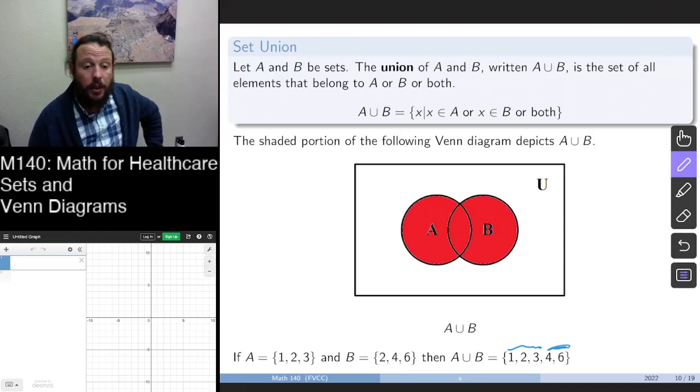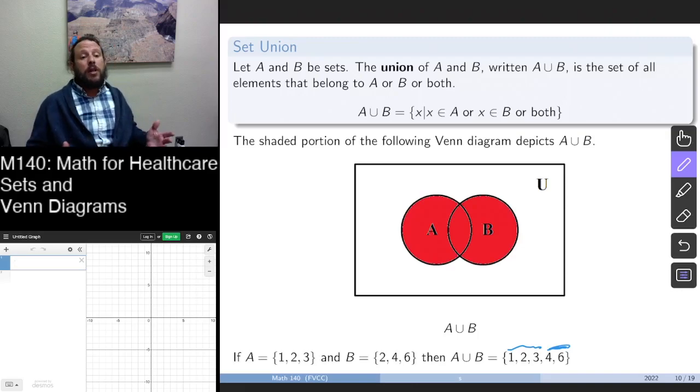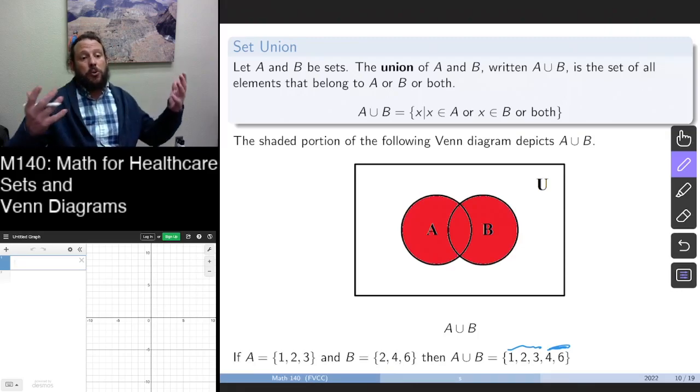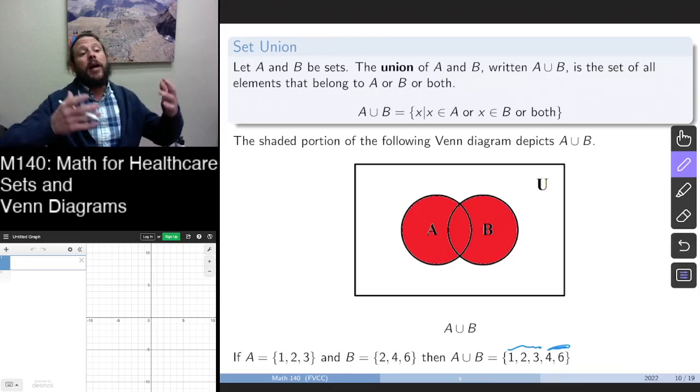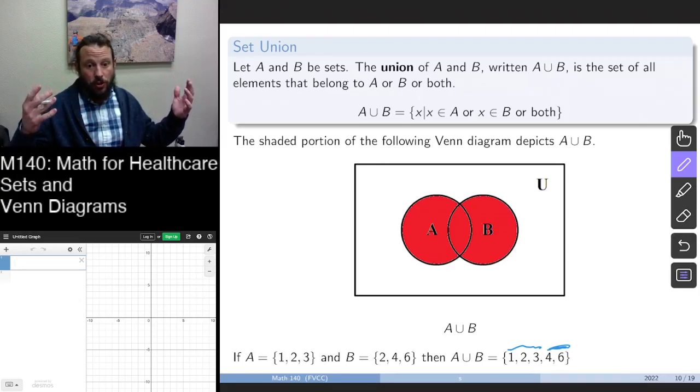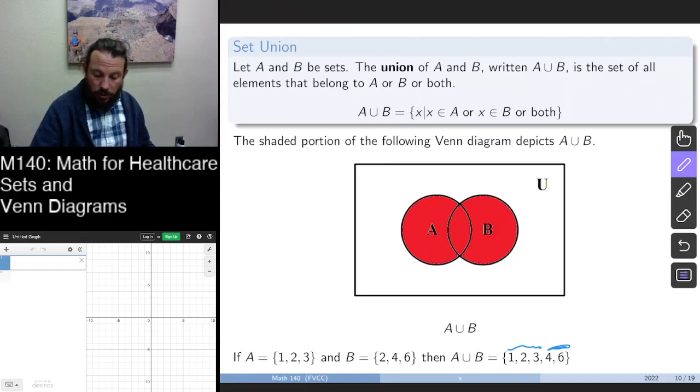I also want to say union generally grows. It definitely doesn't shrink, and it usually grows. The union of two sets is generally a bigger thing, as you can see. The red area is bigger than either of the circles.